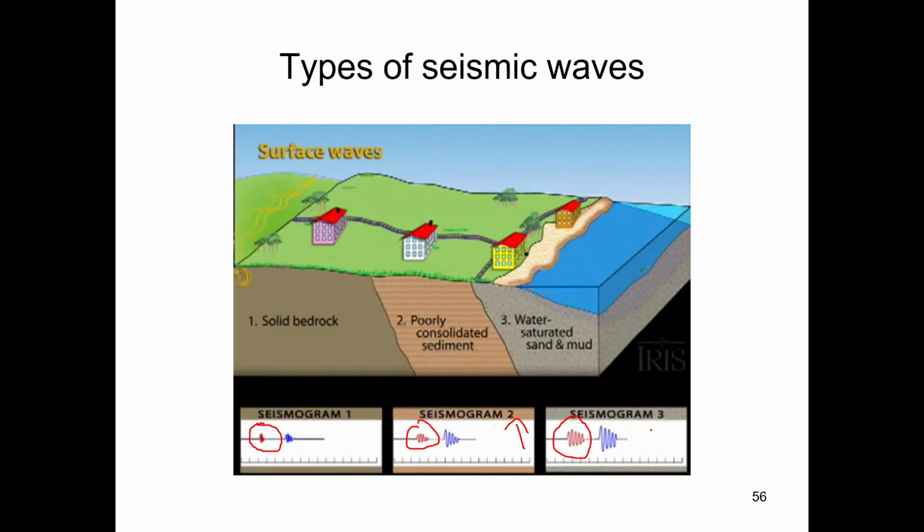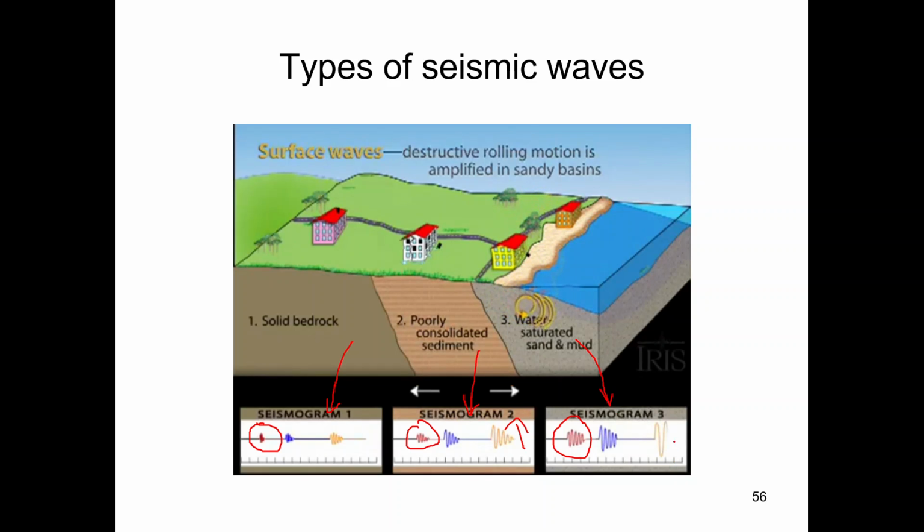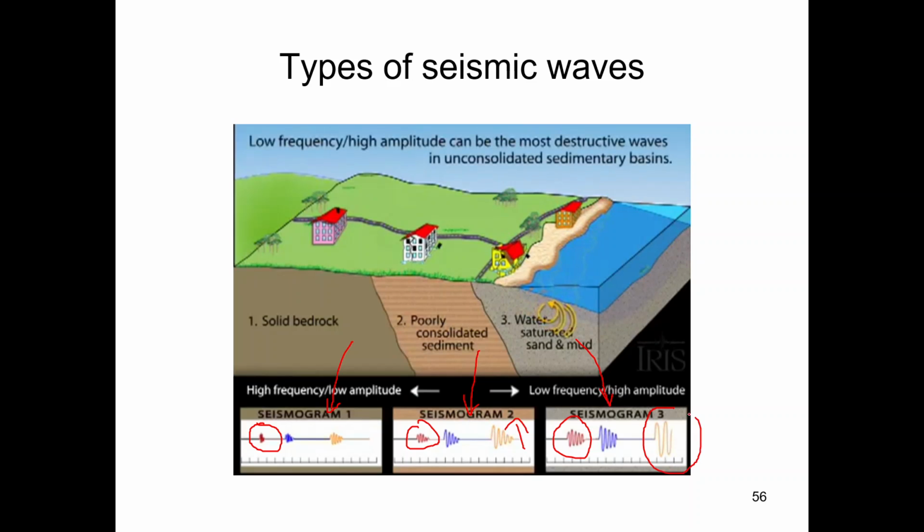The rolling surface waves are the most damaging in unconsolidated sediment. As surface waves enter the sedimentary layer, they slow down and increase in size, causing buildings to roll. If not engineered for the motion, they can crack and tumble. But even a well-engineered building can sink during the shaking and liquefaction of underlying wet sediment.